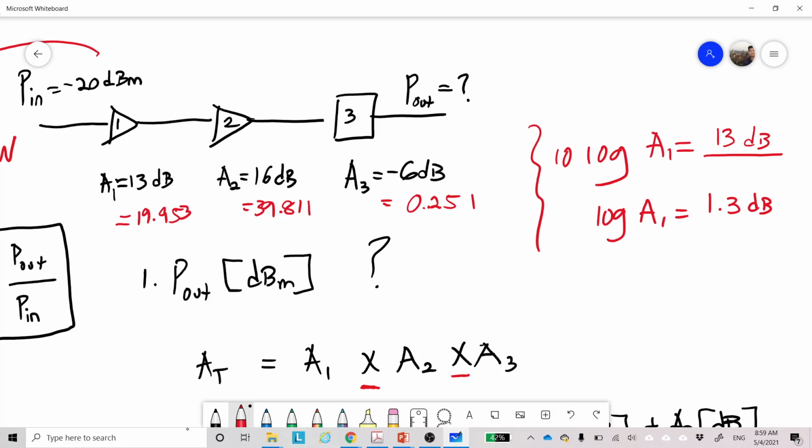We cannot use dB here, so just put 1.3. Therefore A1 is anti-log of 1.3, which is 10 power of 1.3. So you can use calculator, 1.3. So you get 19.953.